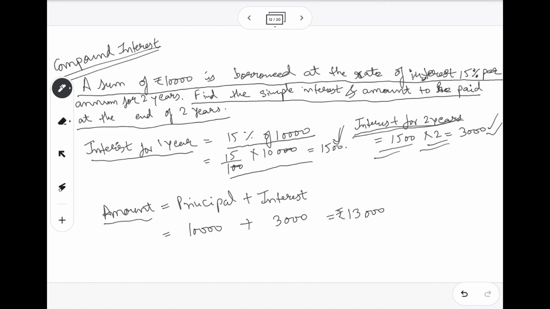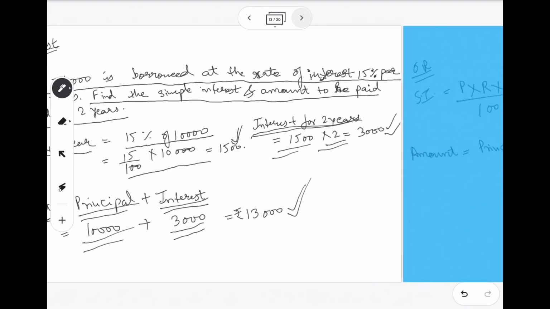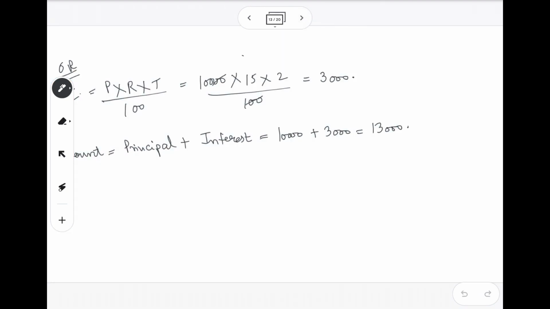So how did we find the amount? Amount is equal to principal plus interest in case of simple interest, which is 10,000 plus the interest we just found, 3000. So amount comes out to be equal to 13,000. Now another formula for finding the simple interest is principal into rate of interest into time divided by 100.